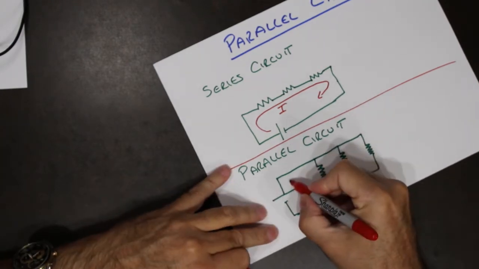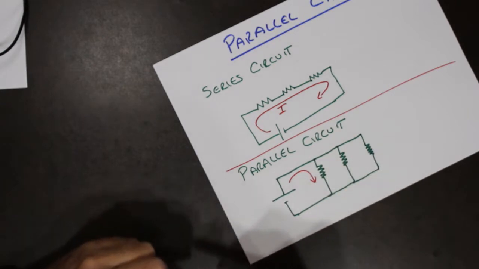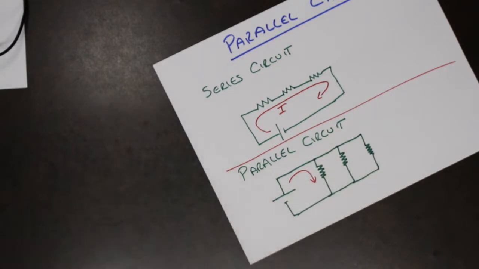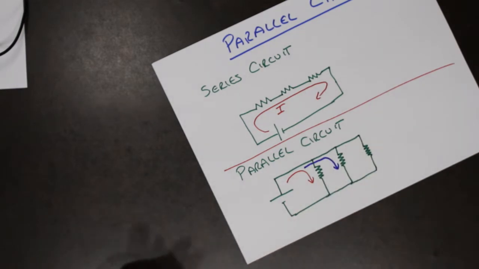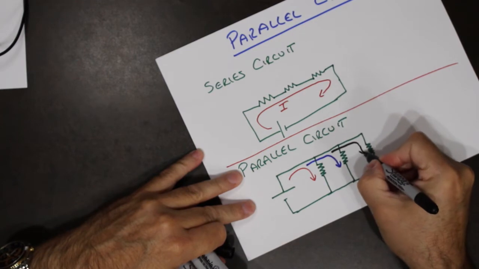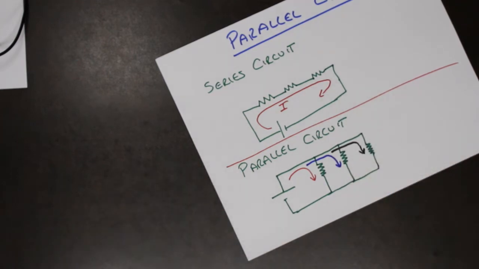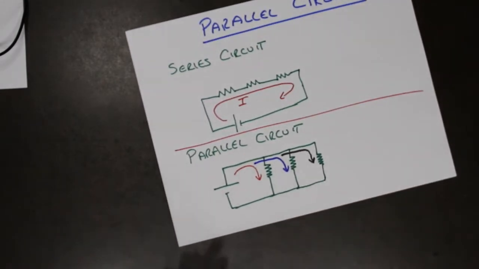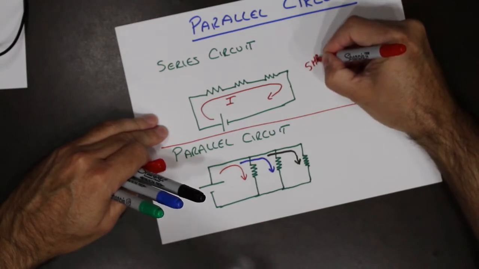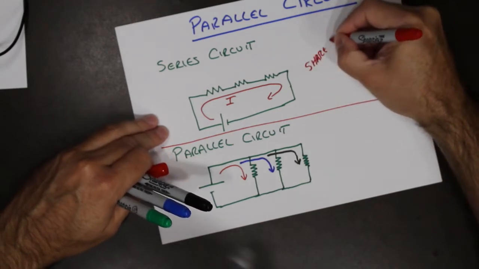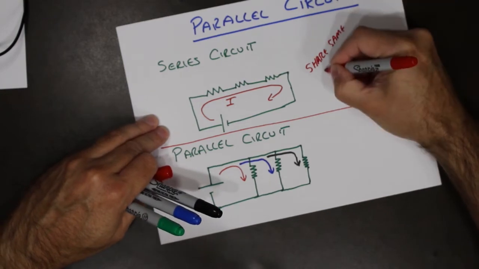We have this loop. We have this loop. And we have this loop. So many loops for current to flow. So in a series circuit, they share the same current.